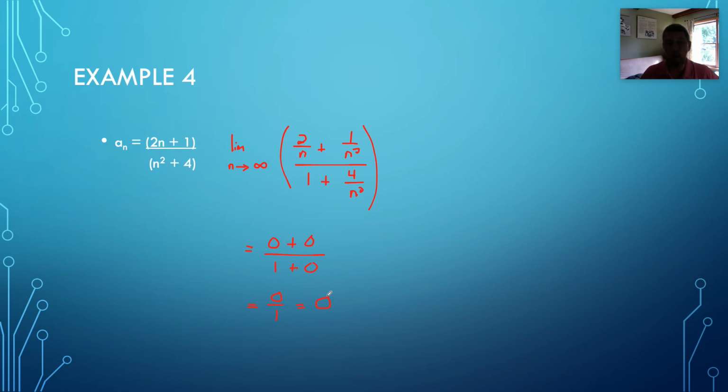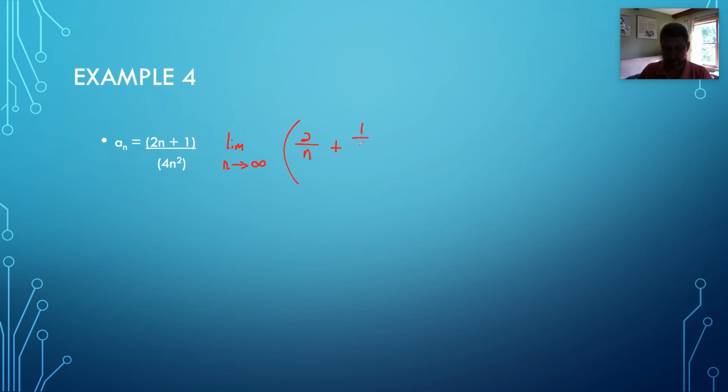One more. This time we're going to use 4n squared. So I'm going to take the limit as n approaches infinity of, and I'm going to divide everything here by n squared. And so this is going to become 2 over n plus 1 over n squared, all over 4.